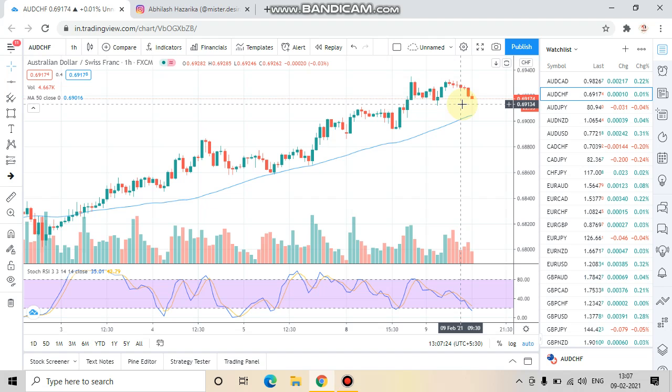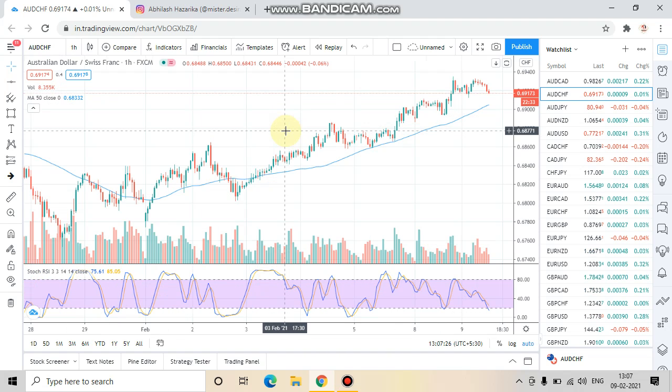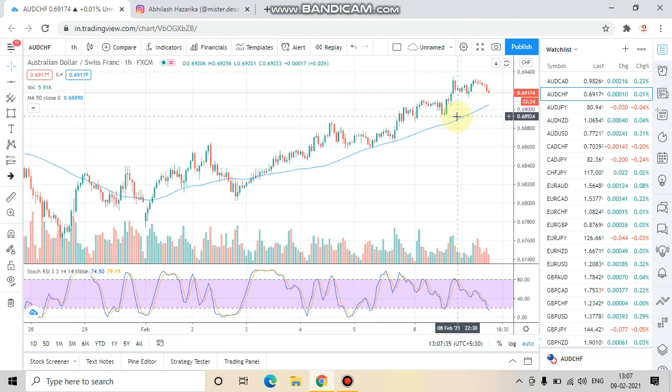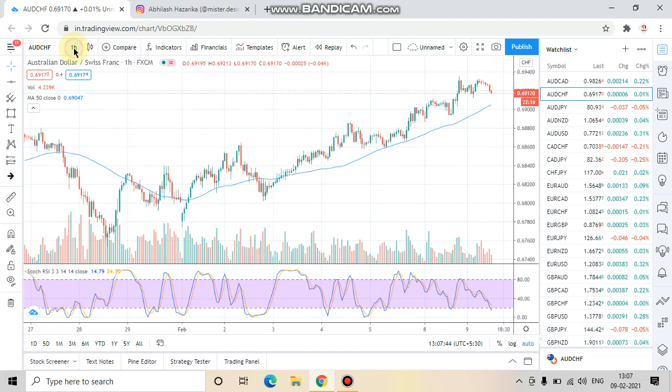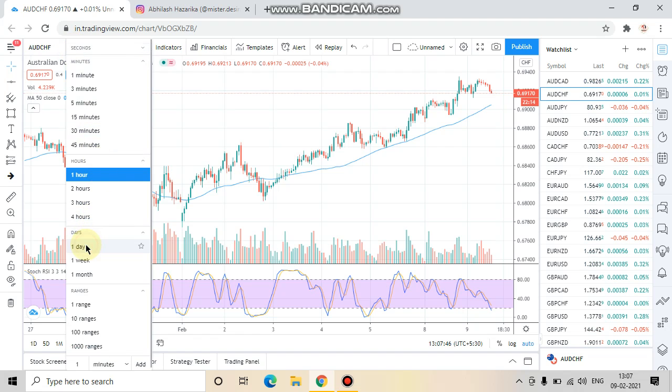That's it. And if you want to be in this game for a long time, and just be with the trend, follow the 50 period moving average, just stay on the trade until it crosses the 50 period moving average.